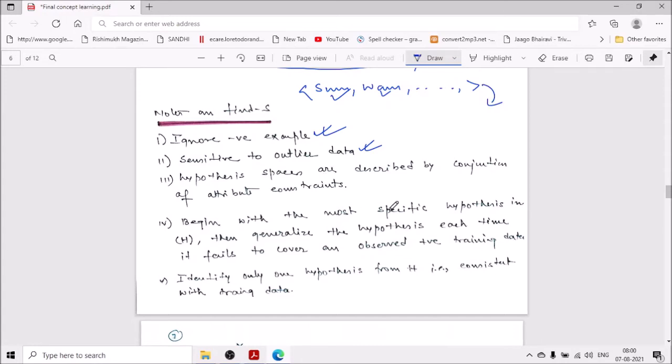Beginning with the most specific hypothesis in H, then generalize the hypothesis each time it fails to cover an observed positive training example. So it will start with the most specific, then we move towards the most general hypothesis, and it identifies only one hypothesis from H. H is the hypothesis space, so from that hypothesis space, the Find-S algorithm identifies only one hypothesis.